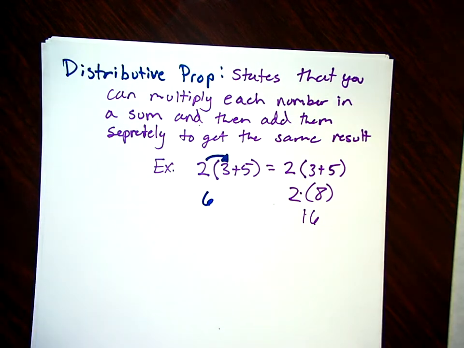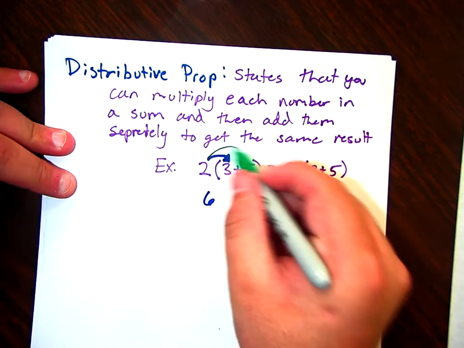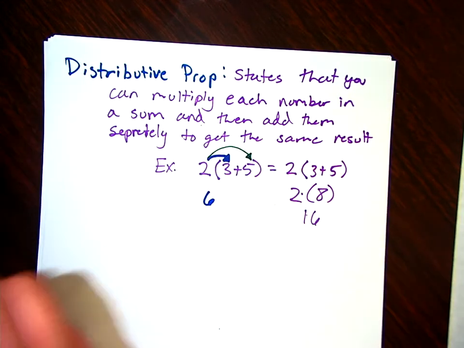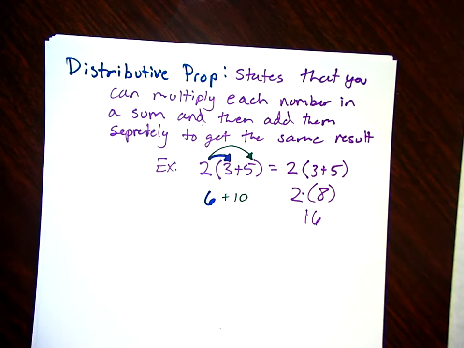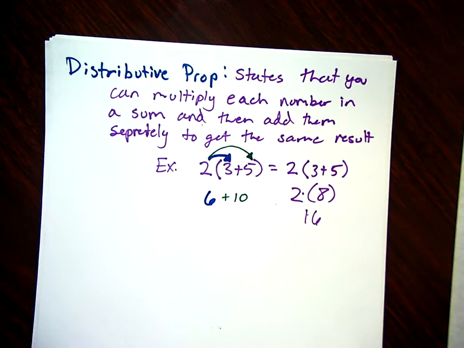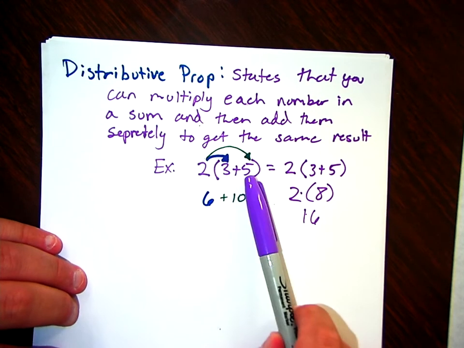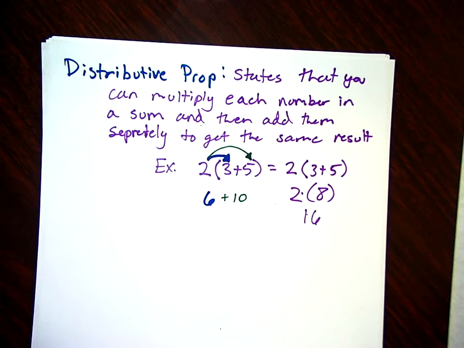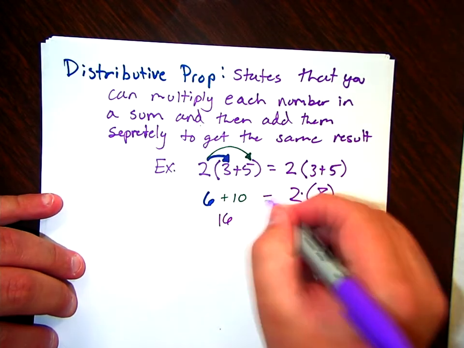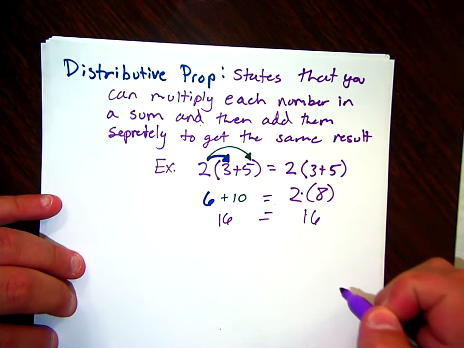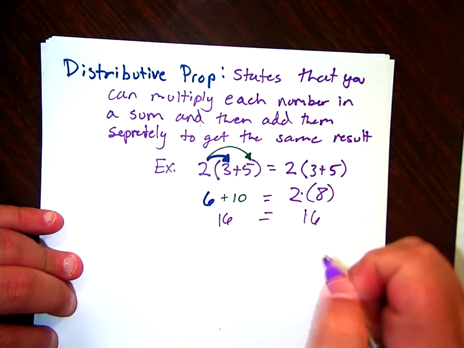And now we're going to multiply 2 times 5, which is 10, positive 10. Okay, so now we've distributed the 2, and we're just going to finish the equation. 6 plus 10 is 16. So these are indeed equal to each other. 16 is equal to 16, so the distributive property does hold.